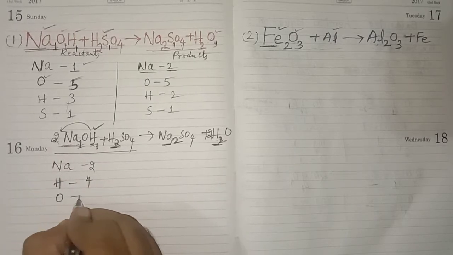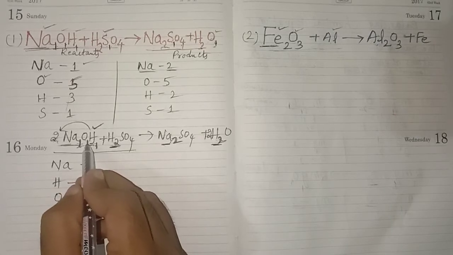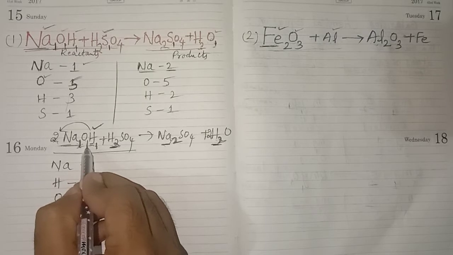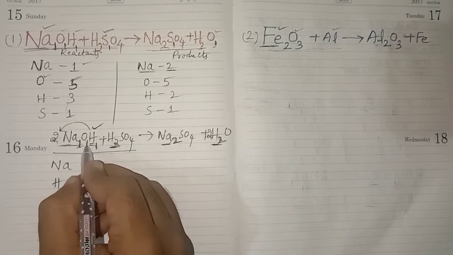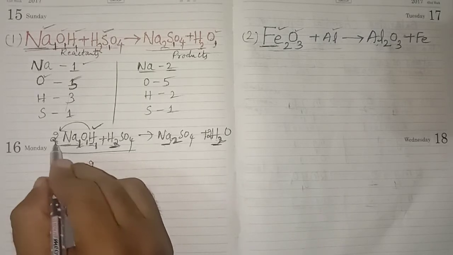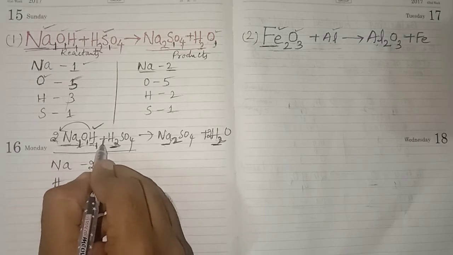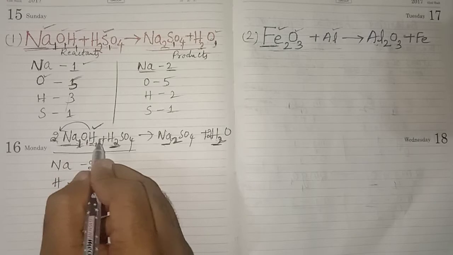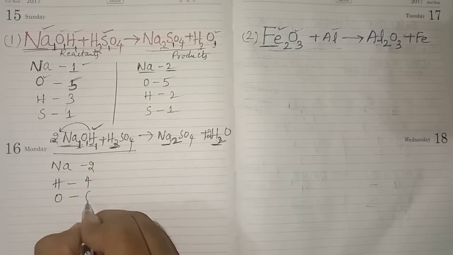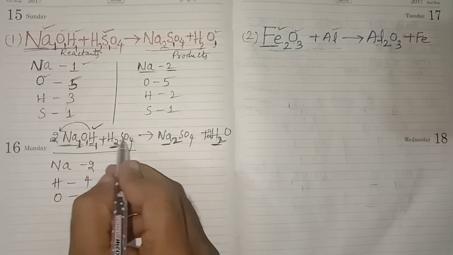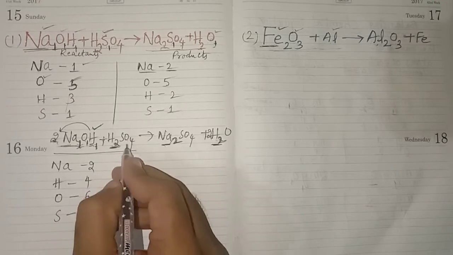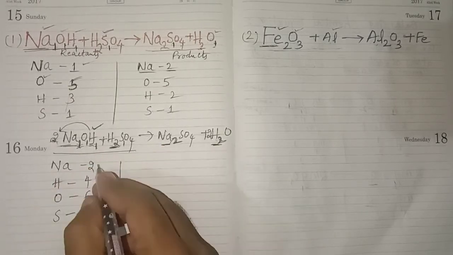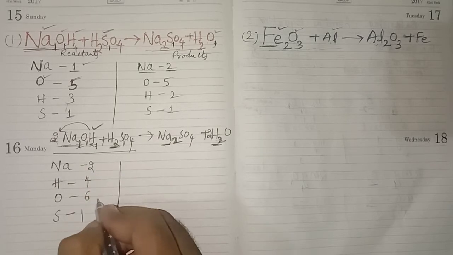Next oxygen, how many atoms of oxygen are there? 1 into 2, 2 plus 4, 6 atoms. Then observe the sulfur. How many sulfur atoms are there? Only 1. This is the number of atoms present at the reactant side.